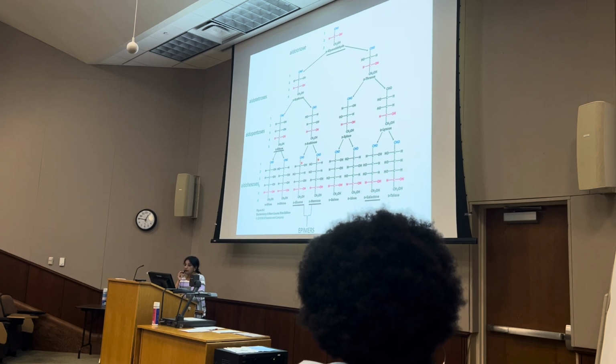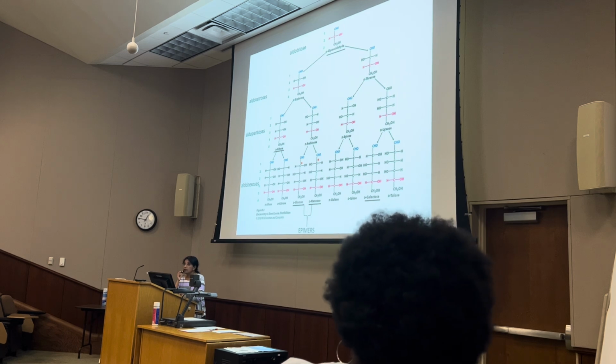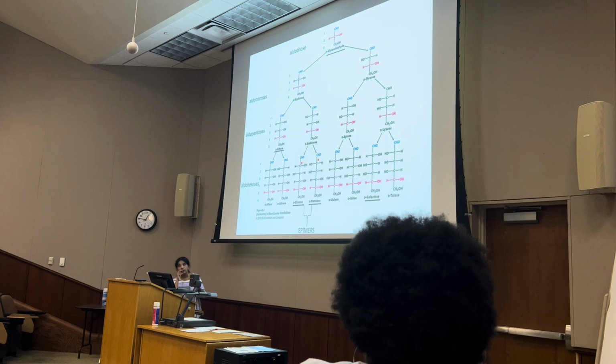Ribose is important because we're going to be talking about it in terms of nucleic acids. That's a pentose with 5 carbons, and it belongs to the aldehyde family.